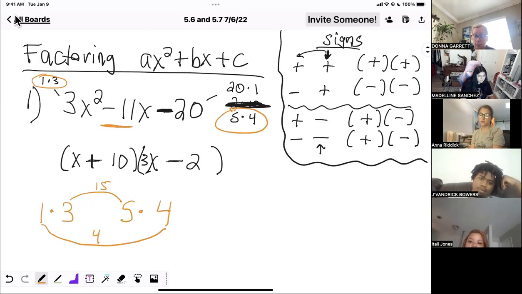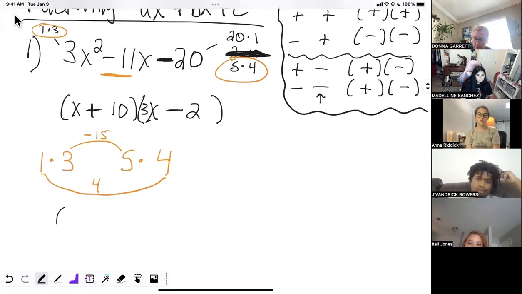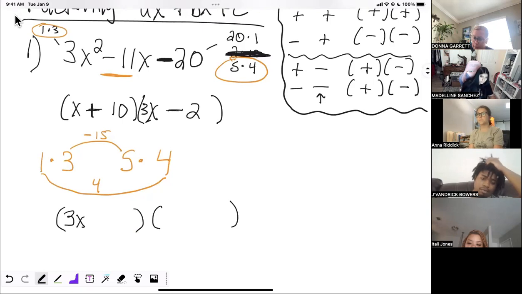All right, we need -11. That means this had to be -15. So now, if I can get 3 and 5 together and the 4 and 1 together, I can make this work. So if I put the 3x here, the x has to go here because 3 times 1 is 3. That makes my 3x squared.